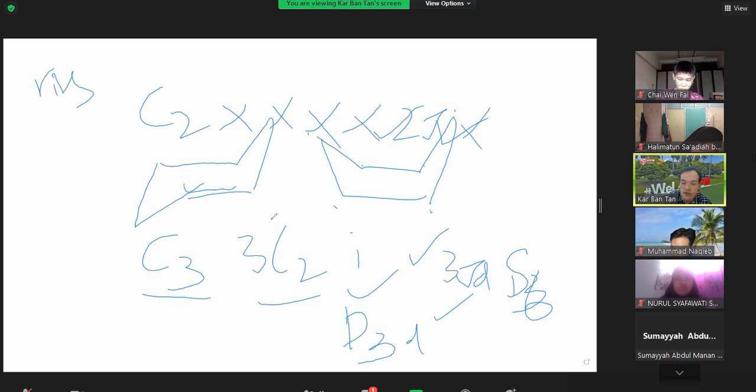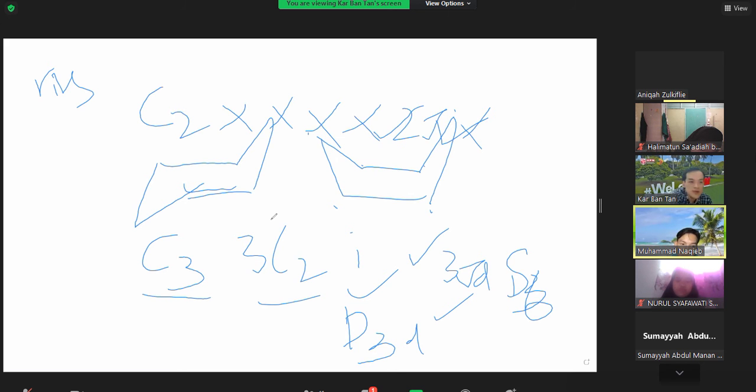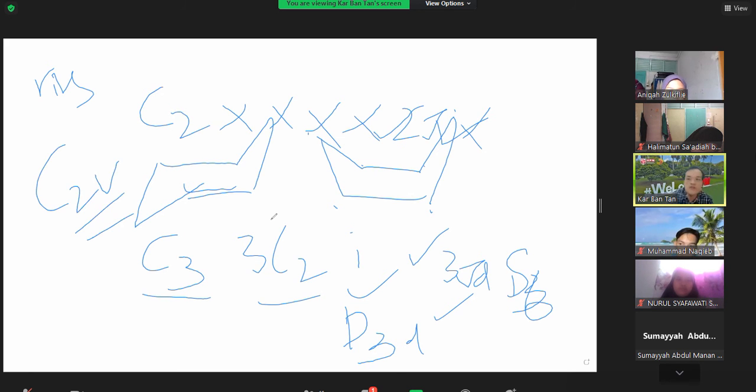So what is the point group for this cyclohexane conformation? C2V. Yes, C2V. Easy peasy.